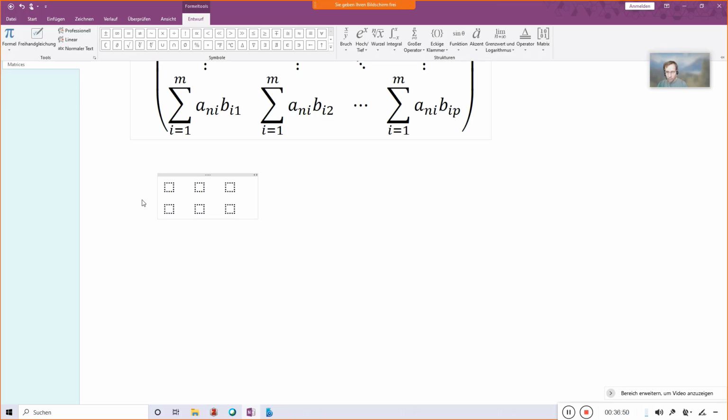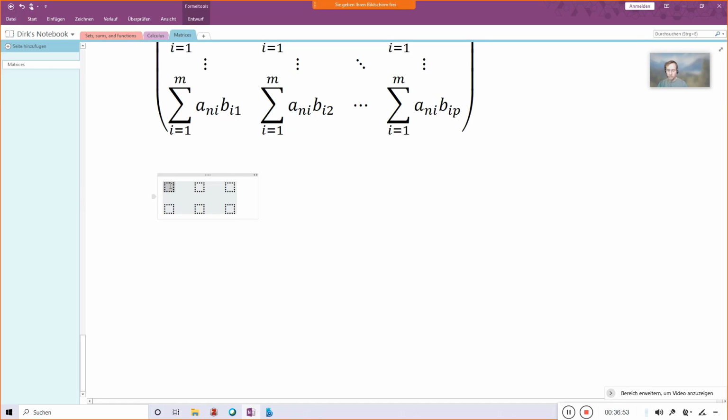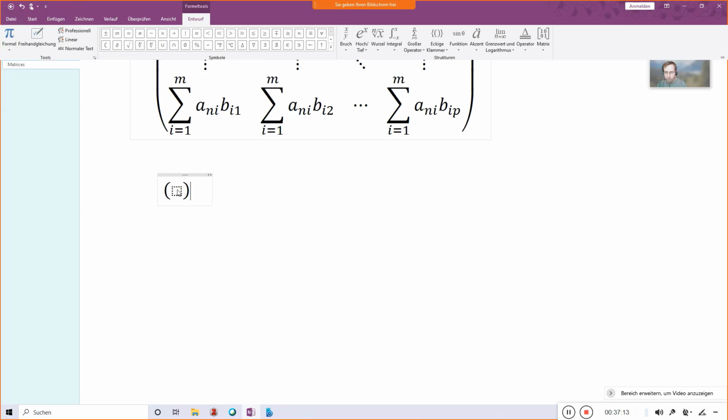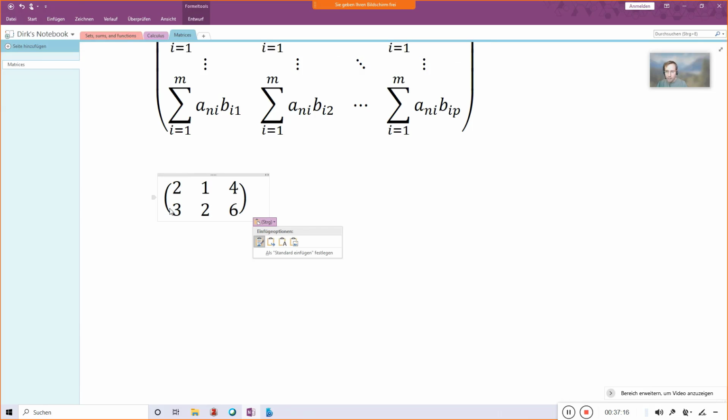So let's assume we want to multiply a 2 by 3 matrix with these entries. Let's use small numbers so that we can do the arithmetics. So we have a 2 by 3 matrix.